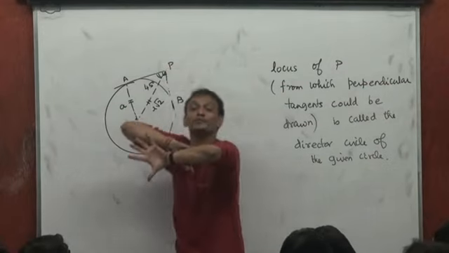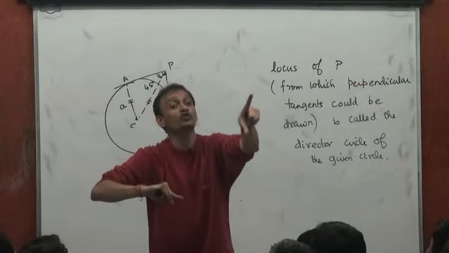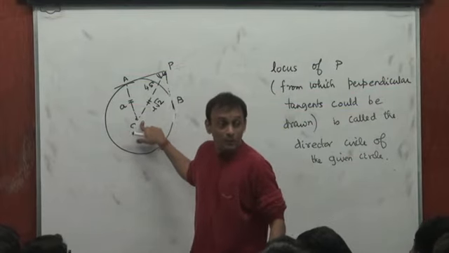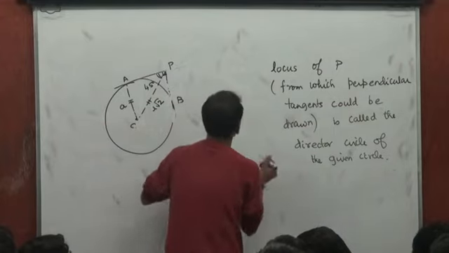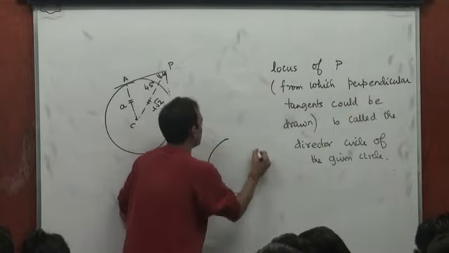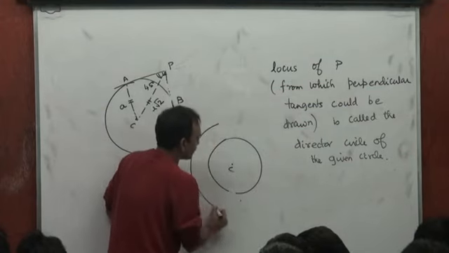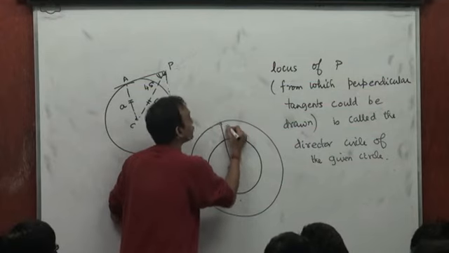That means the point P must be at a fixed distance A root 2 from C, which means what? If this is the mother circle whose center is C, then the point P could lie anywhere on this circle whose radius is A root 2.